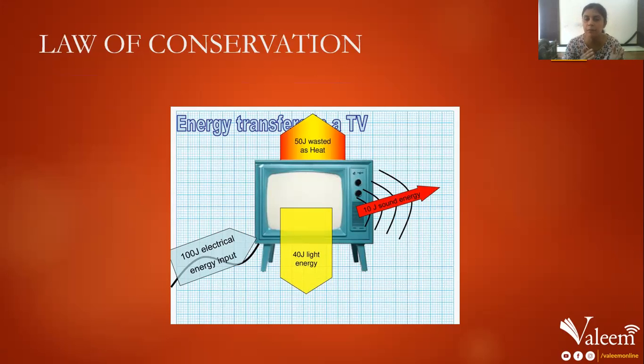So whatever amount of joules was input in the television, the same amount of energy is released. 100 joules input, so a total of 100 joules is output as energy transfer. This again proves our law of conservation.